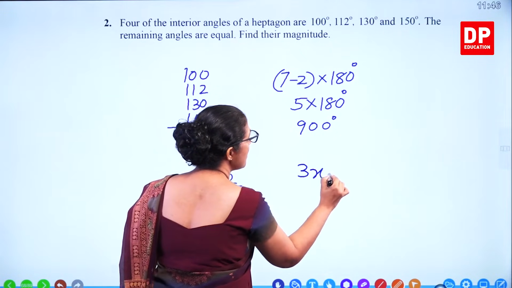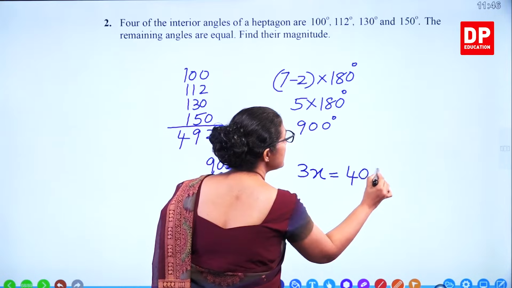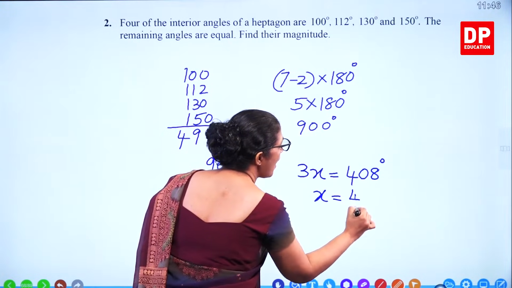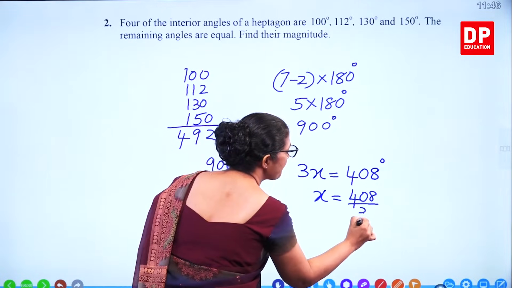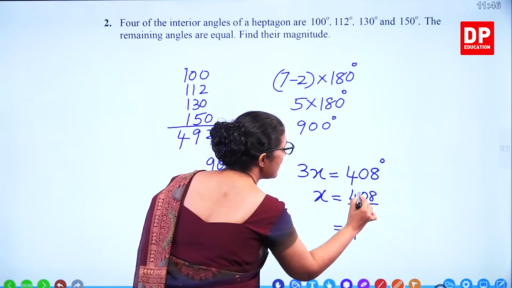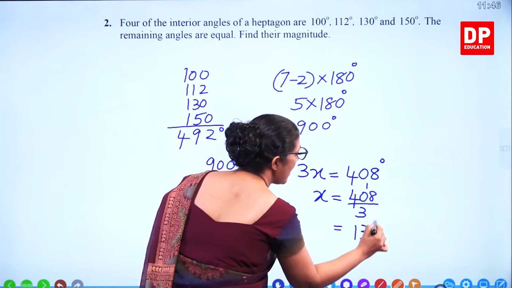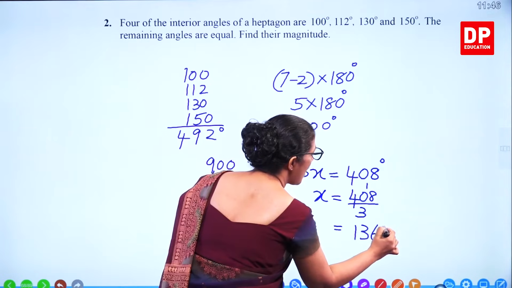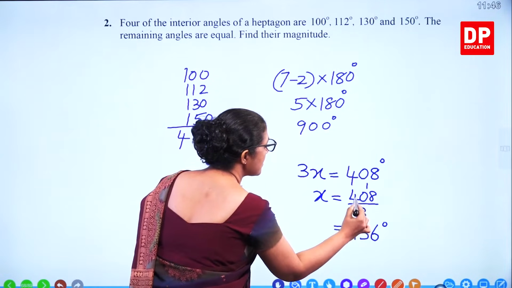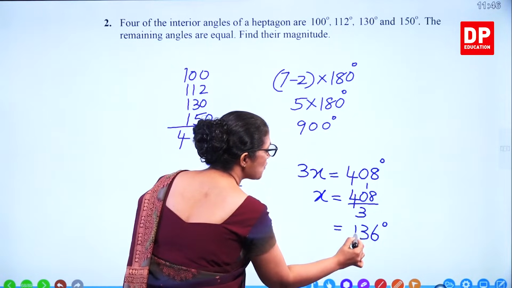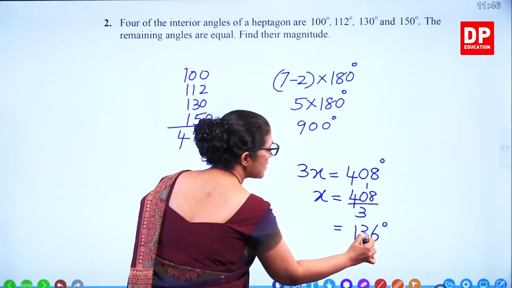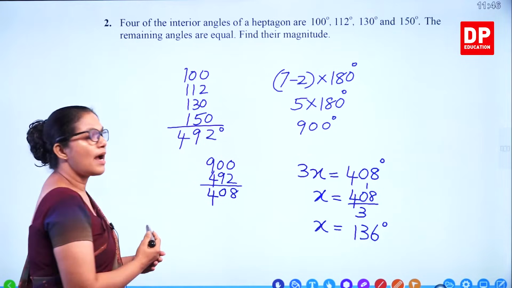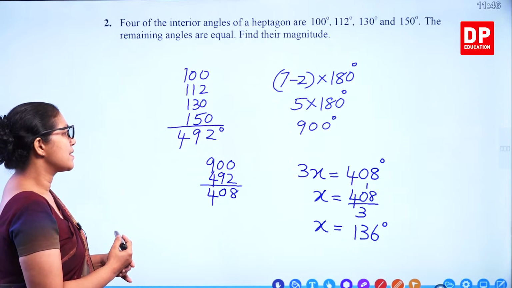So 3x equals 408. And what's one angle? You divide by 3. 3 times 1, 3. 3 times 3, 9. And this is 6. So 136. Again divide by 3 to check. 3 times 1, 3. 3 times 3, 9. 3 times 6, 18. So each angle is 136 degrees.